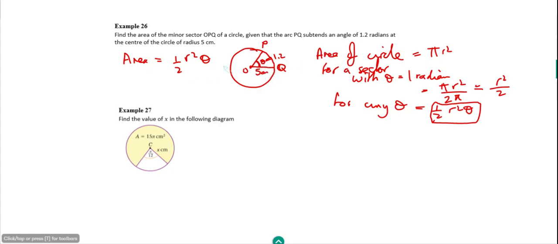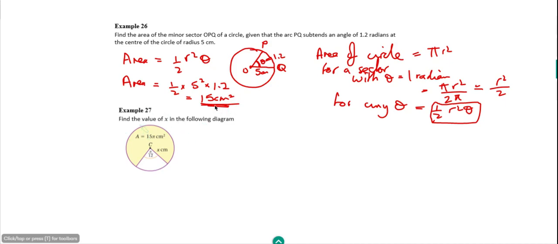So all we need to do is put those numbers into this formula, and we'll get that the area is equal to half times the radius squared, which is 5 squared, times 1.2. When we work that out, that should give us 15 centimetres squared. So just put that in your calculator and that's what you'll get.